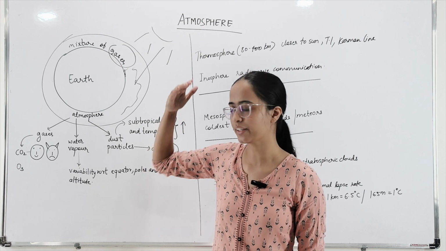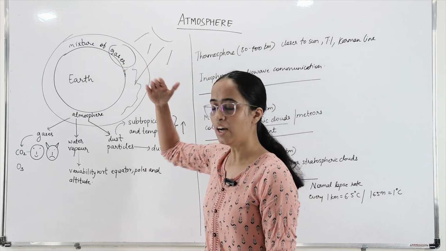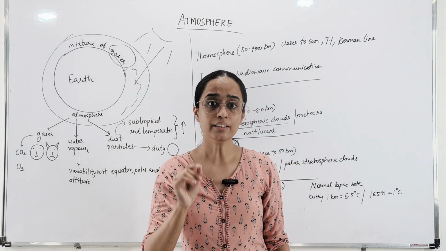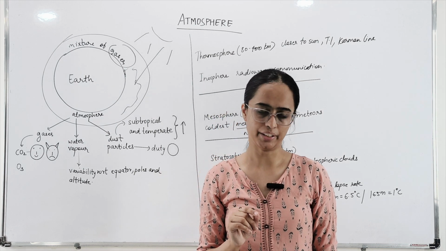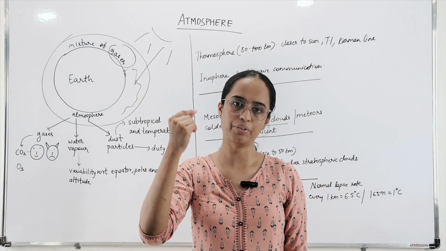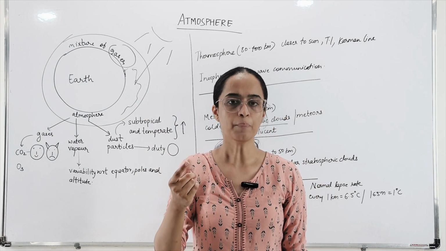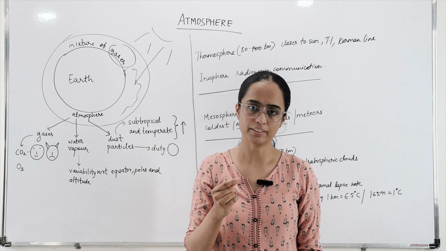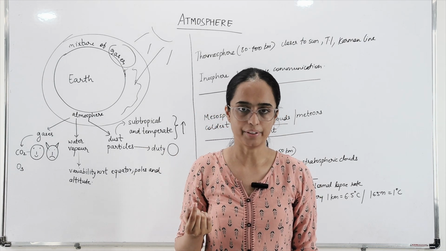So the heat that the sun gives to our Earth is given back in the form of terrestrial radiation. Now the heat that is given by the sun is called solar radiation, and that which is given by the Earth is called the terrestrial radiation.